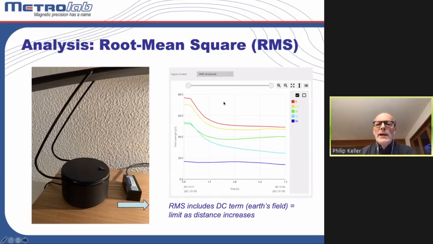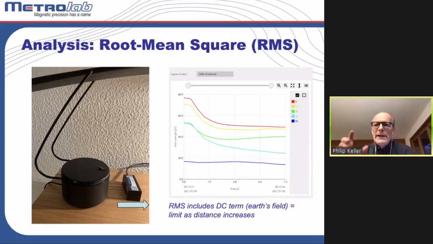And so here, that includes both the DC component as well as the AC component. So here we see what happens when I take my sensor and I move it away from my AC field source. And as you can see, the field drops and it approaches a DC value, which in fact is roughly the Earth's magnetic field.